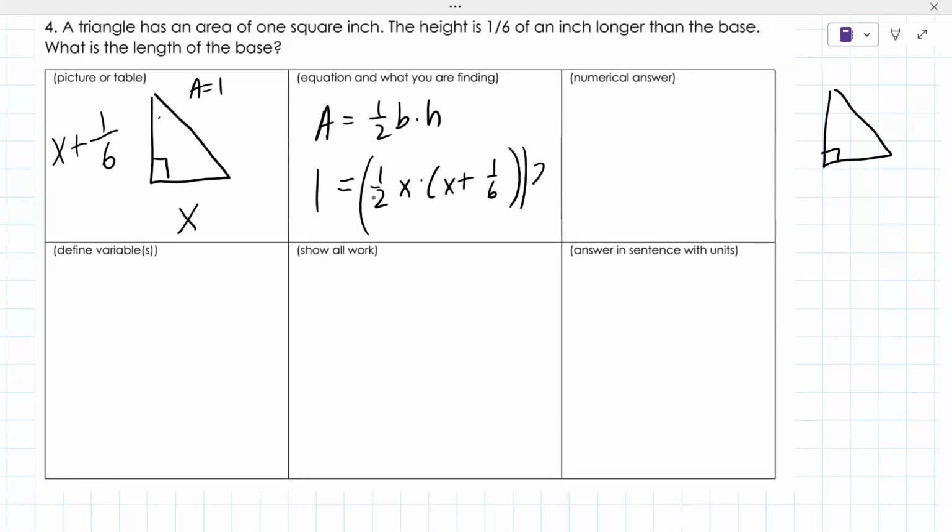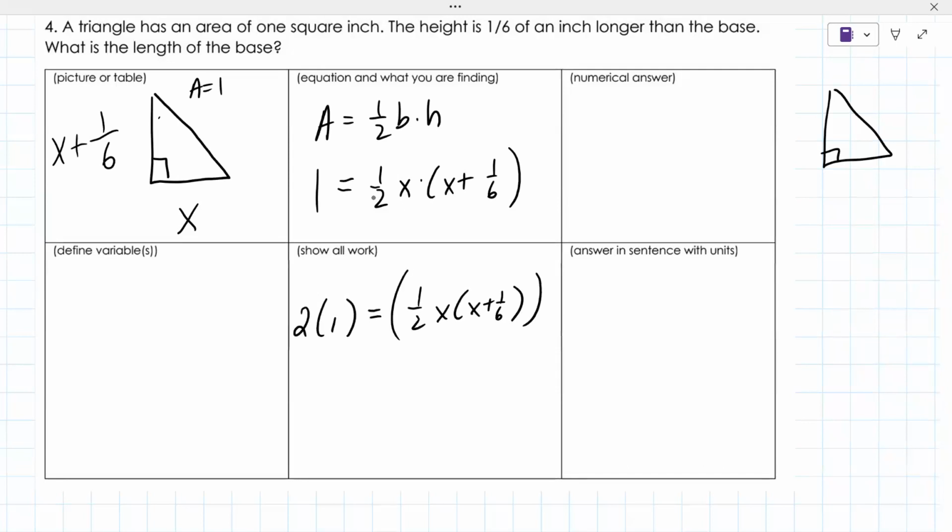So again, I'd multiply everything by 2. Actually, let me do that down here. So 2 times 1 equals x times x plus 1/6. And then I might multiply by 6 to get rid of this fraction here.